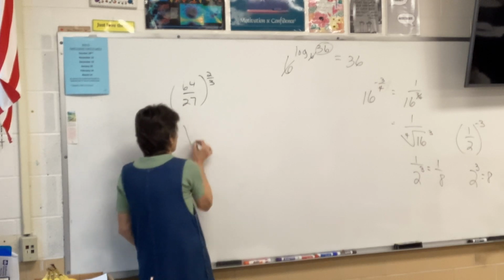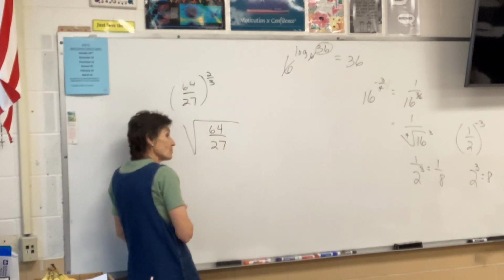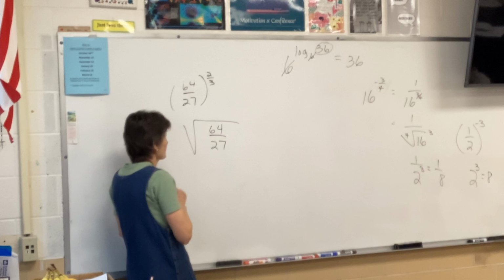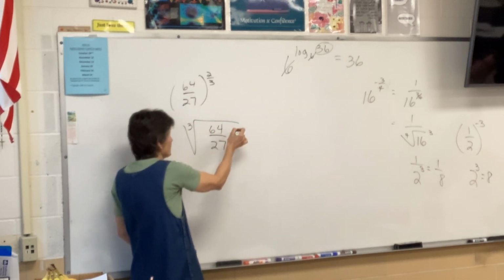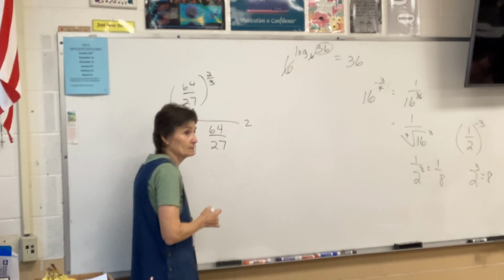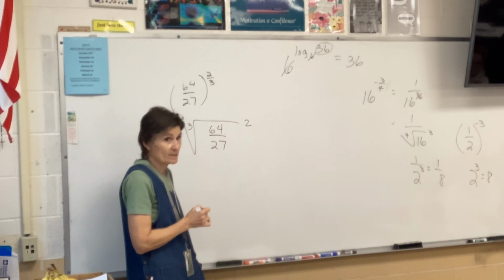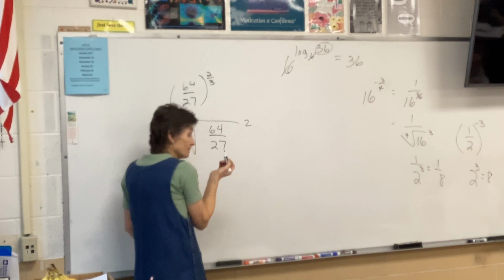So this is going to be a radical. Under the radical is 64/27. The radical is going to be a cube root squared. Remember, the denominator tells you which root. So here we go. Now we gotta know some stuff.